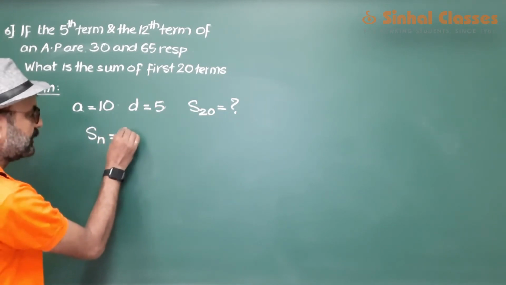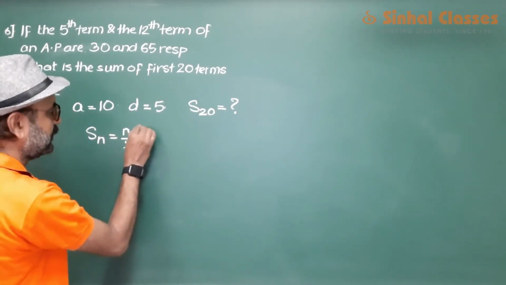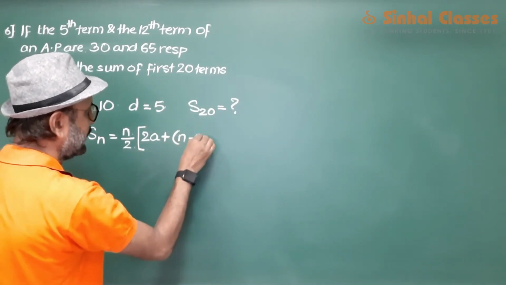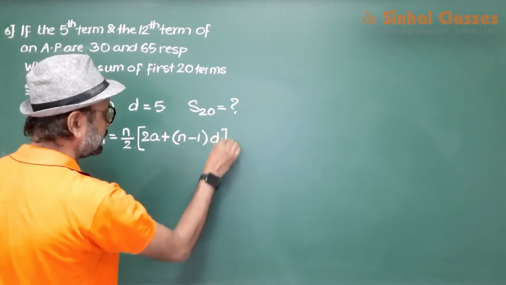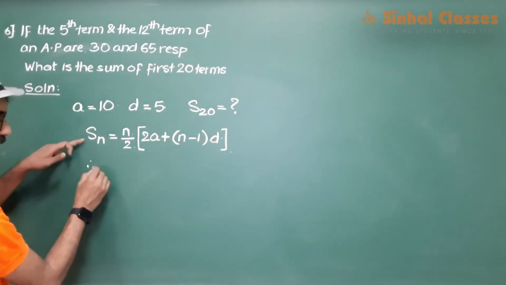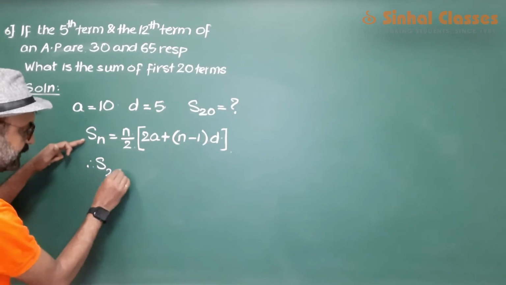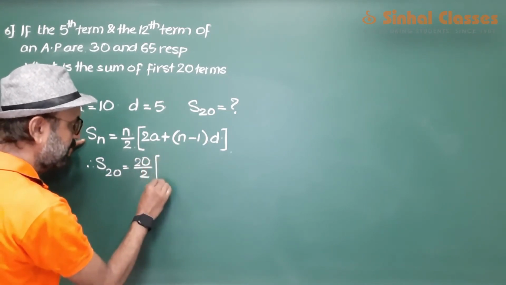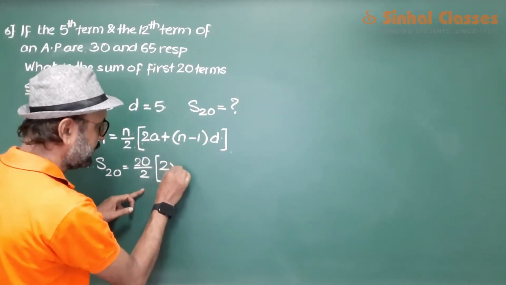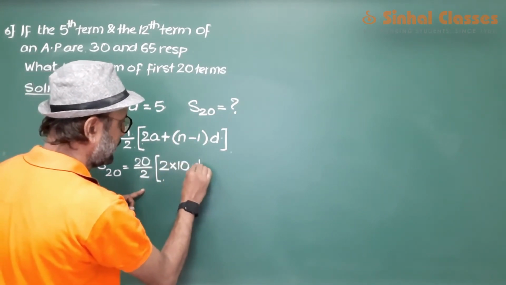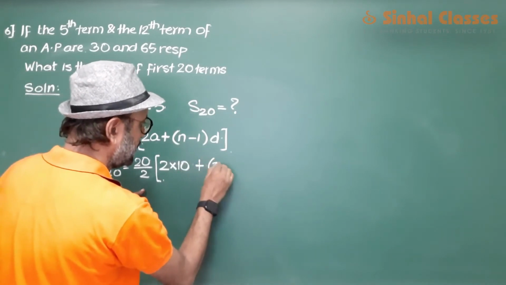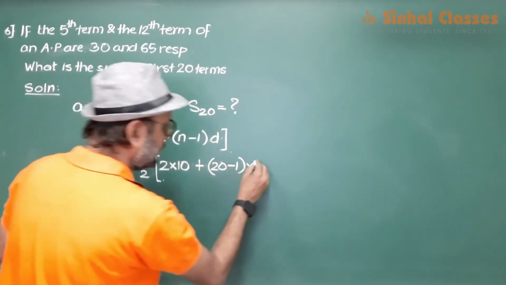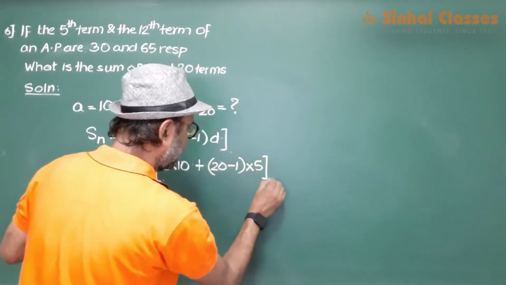Sn is n upon 2, 2a plus n minus 1 into d, which is S20 is equal to 20 upon 2, 2a, 10 plus 20 minus 1 into d, which is 5.